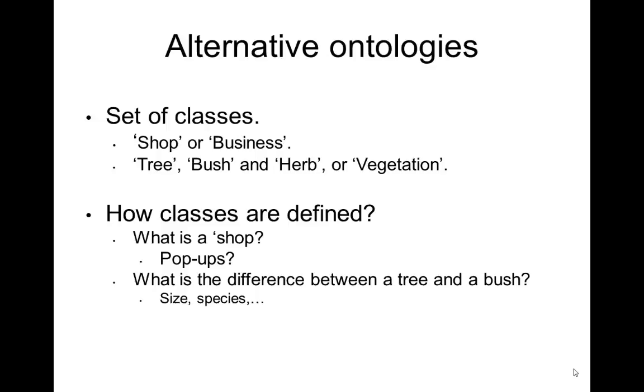So different models may have trees and bushes as classes, but different definitions of what a tree and a bush actually is. Okay, so alternative ontologies differ in the set of classes that exist and, possibly, in how those classes are defined. And if there's a mismatch between two ontologies, then it can be difficult to bring those data sets together and recombine them.